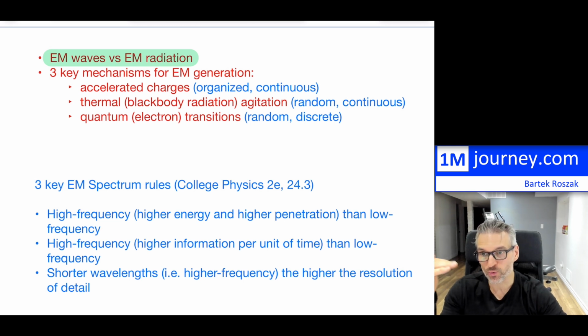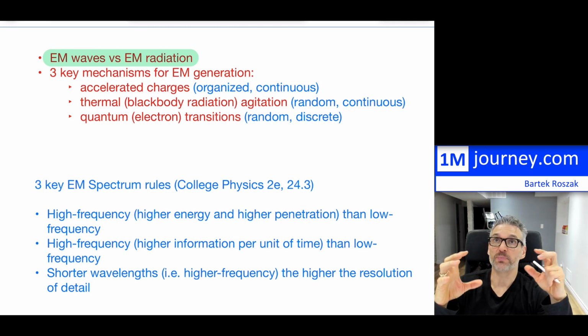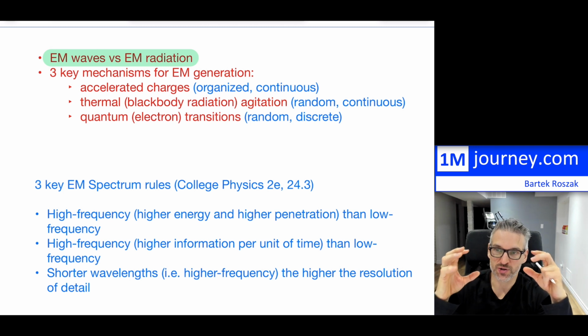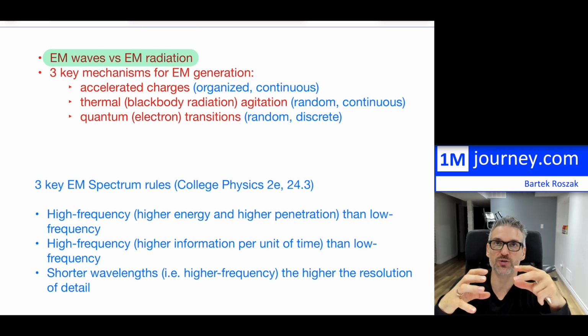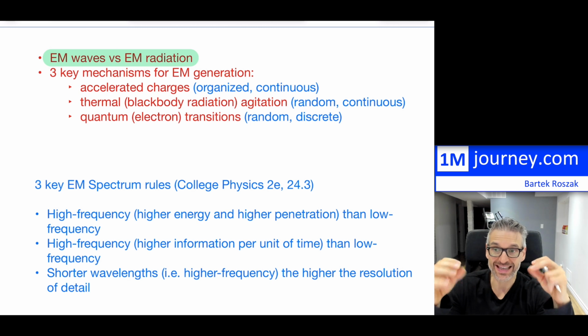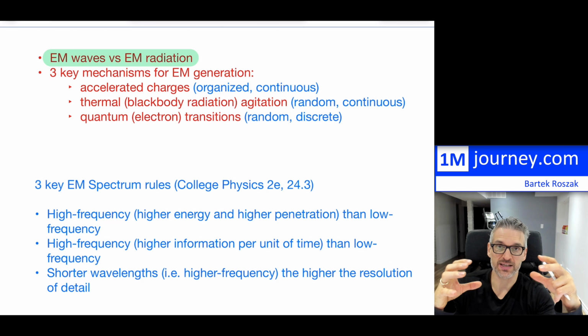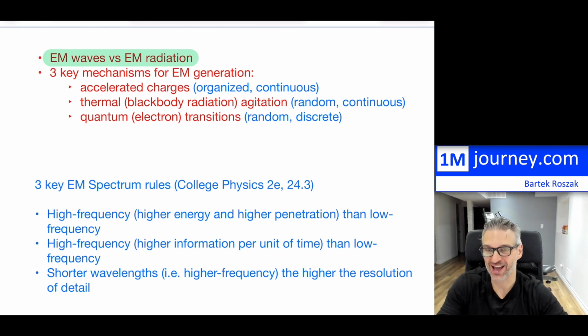Now the next one is thermal agitation, which is really the black body radiation. As soon as you start to have thermal energy, and for instance the temperature keeps increasing, you'll note that materials in general will start to vibrate. Now, when they vibrate, they can give off this energy as a whole. We radiate energy because we're at a certain temperature.